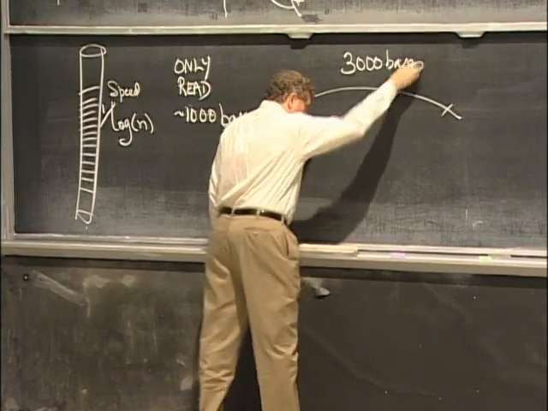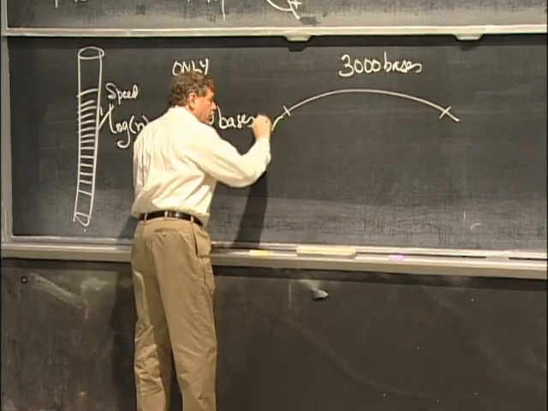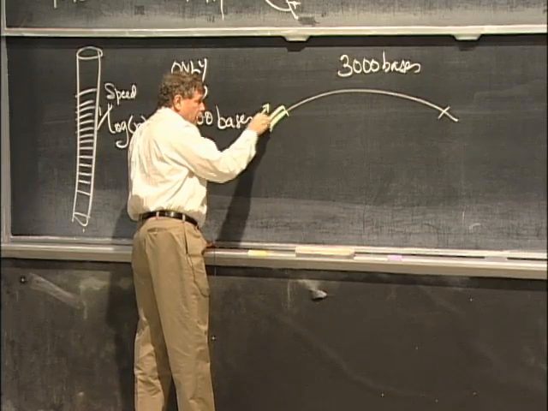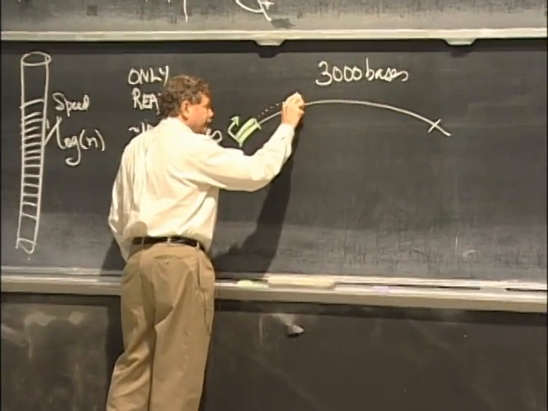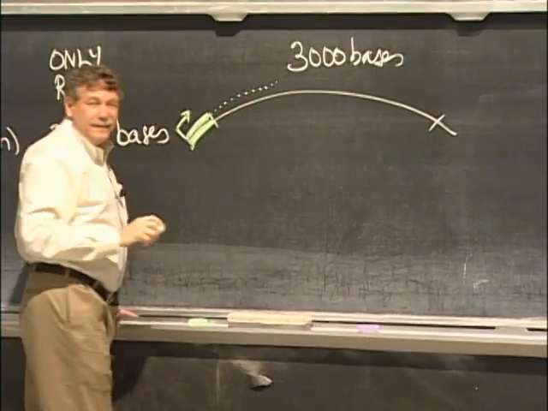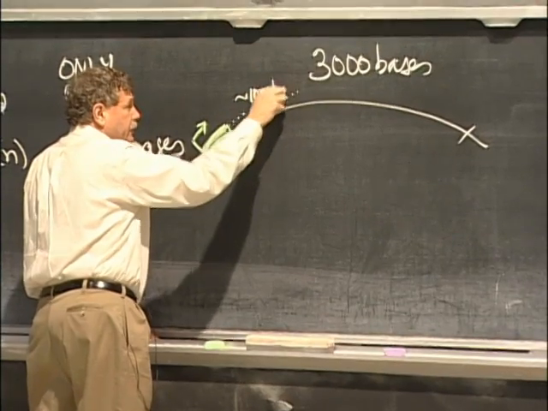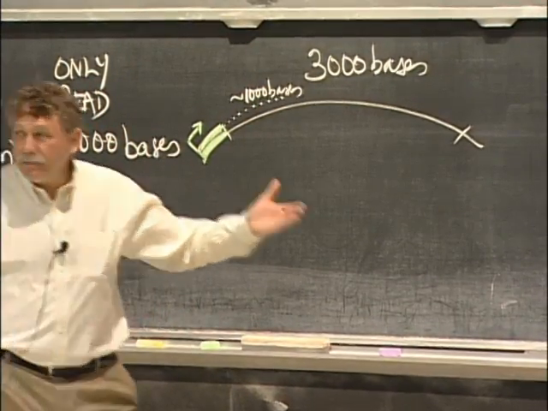Well, we've got our clever trick of cutting back over here at some previous site, using our primer here, and reading. But it kind of dies at about 1,000 bases. I can't read any further. What do I do?